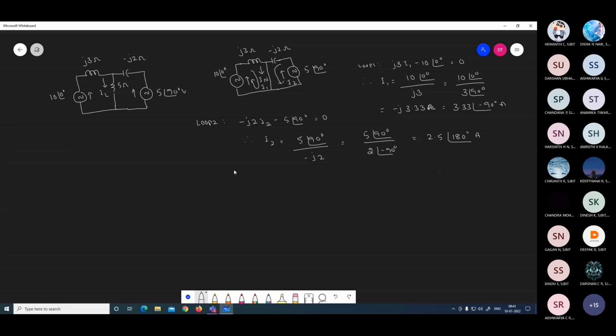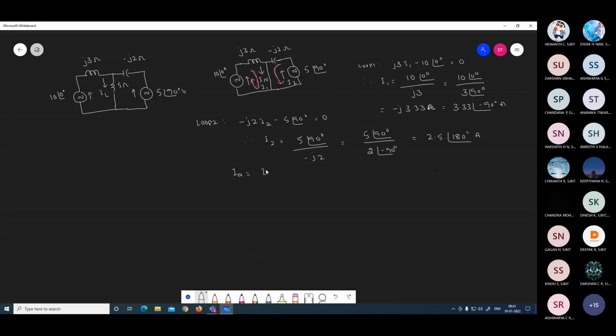Looking at the diagram, what is IN? Here both currents will be adding, because one current, I1, is like this, and I2 is also in the same direction, so both currents will be adding. Therefore, IN is equal to I1 plus I2.